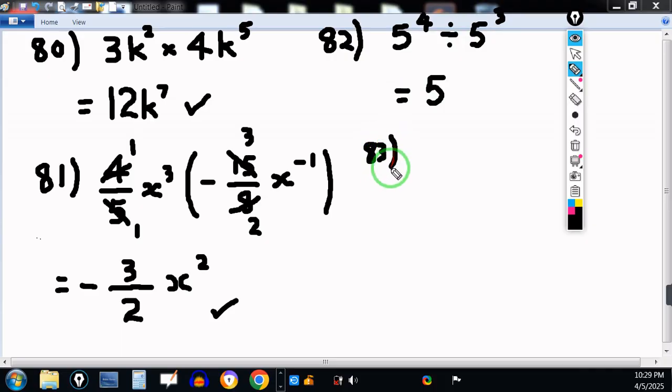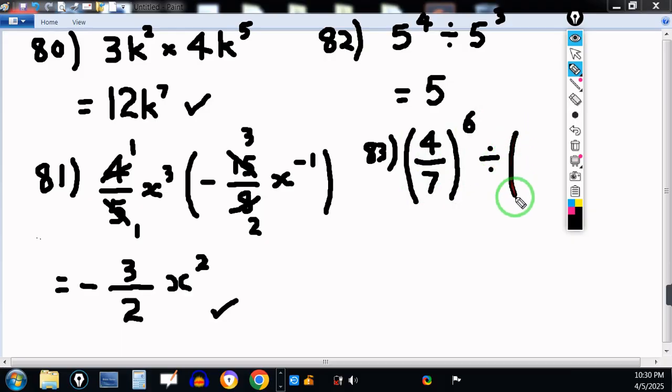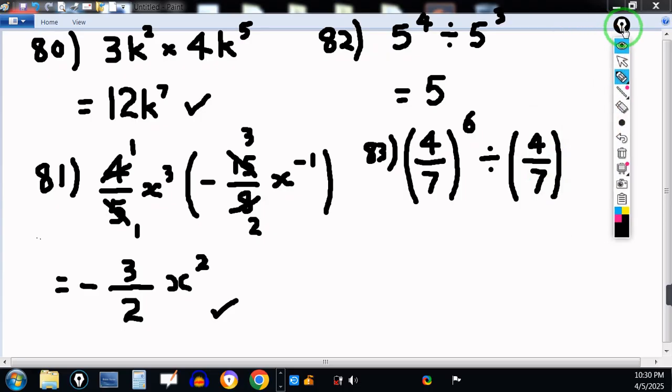83 is actually 4 over 7 to the power 6 divided by the very same 4 over 7 to the power minus 3.